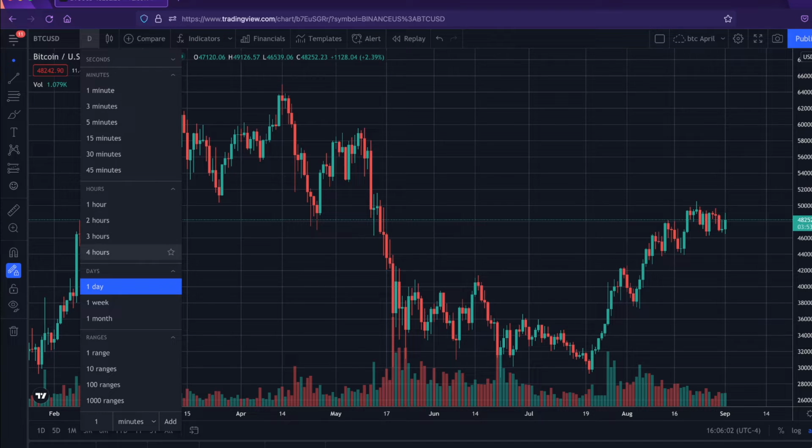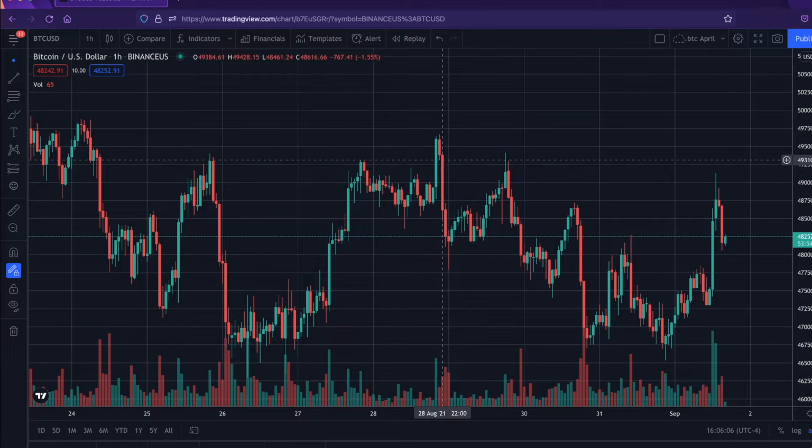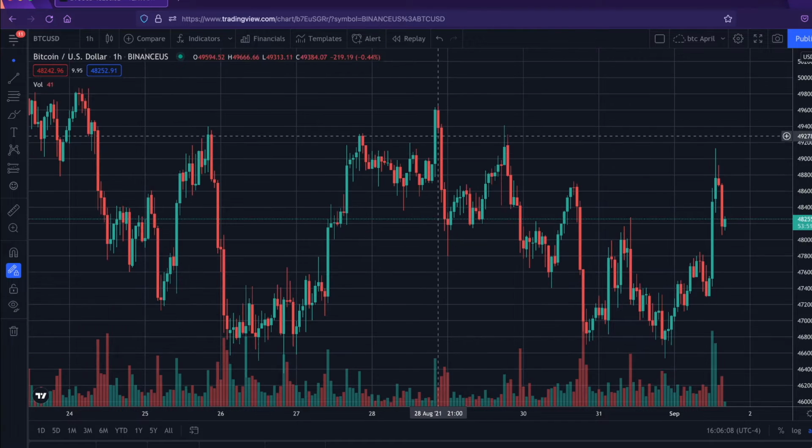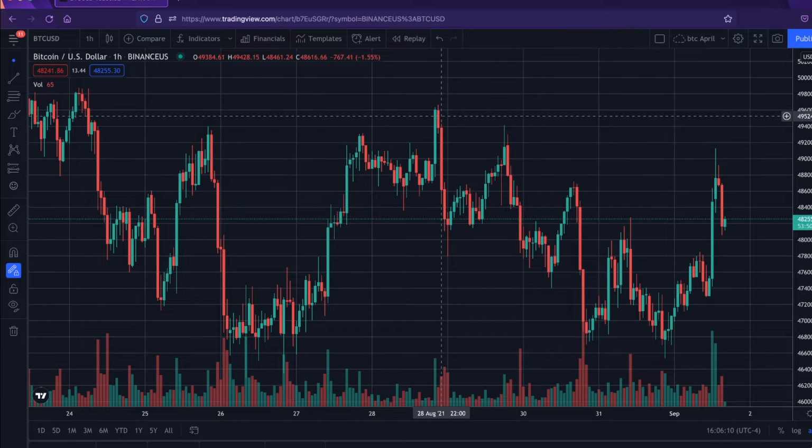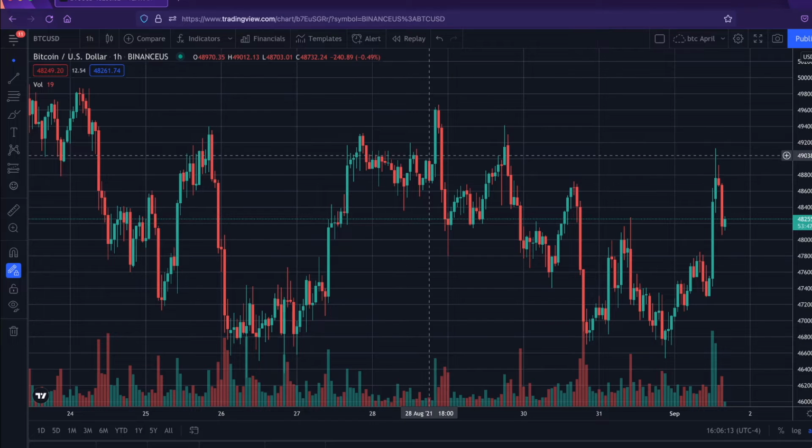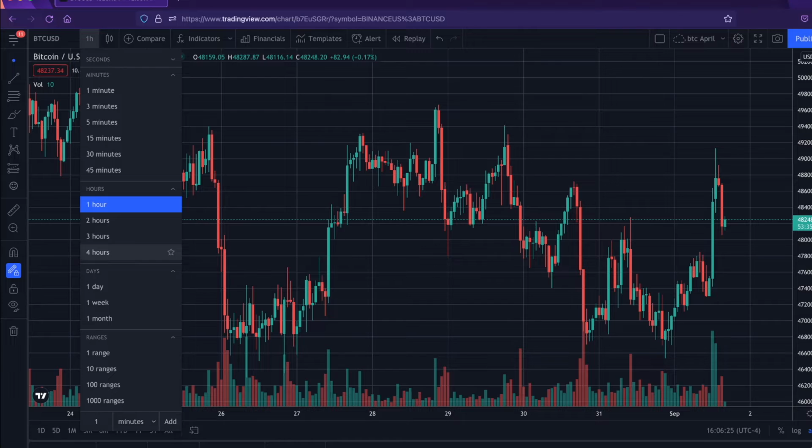Let's say we go to the 1 hour chart. Now again, each candlestick, I'm looking at this green one here, represents only 1 hour. So the chart and the price doesn't change. You're just changing how often you're looking at the price action when you change the different time intervals on the chart.